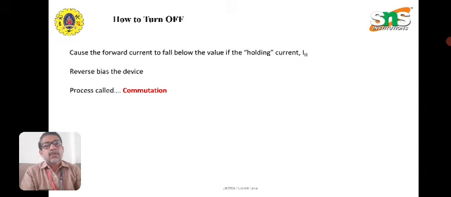Hence the voltage is below a certain value, and the forward current will fall below the holding current. Then the thyristor may be turned off. This is the natural commutation of the SCR when an alternating current supply is given, or we have to reduce the forward current below the holding current in order to turn off the SCR thyristor.